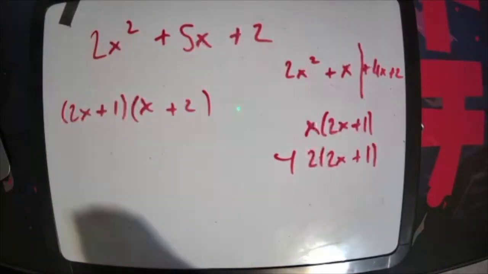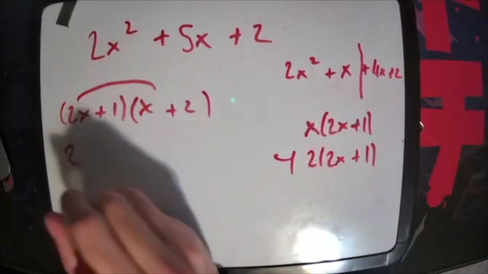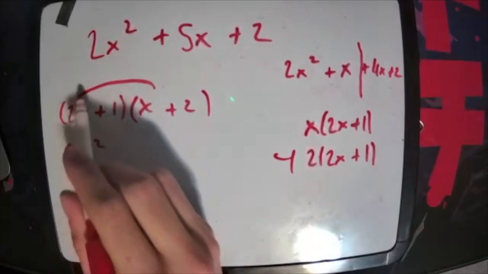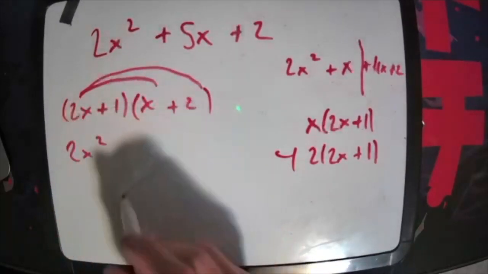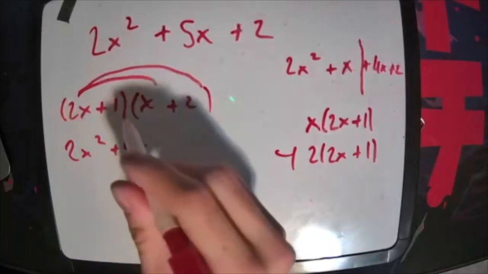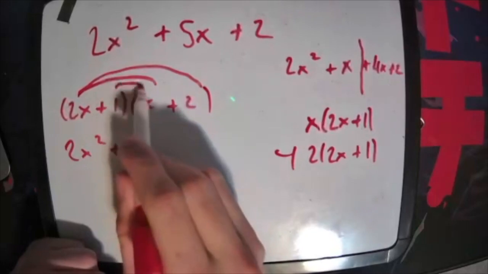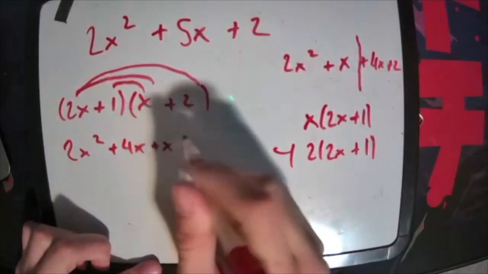Using the FOIL method, we can see if this is true or not. First, we have 2x squared. Outer, we have 2x times 2, which is 4x. And then inner, 1 times x is x.